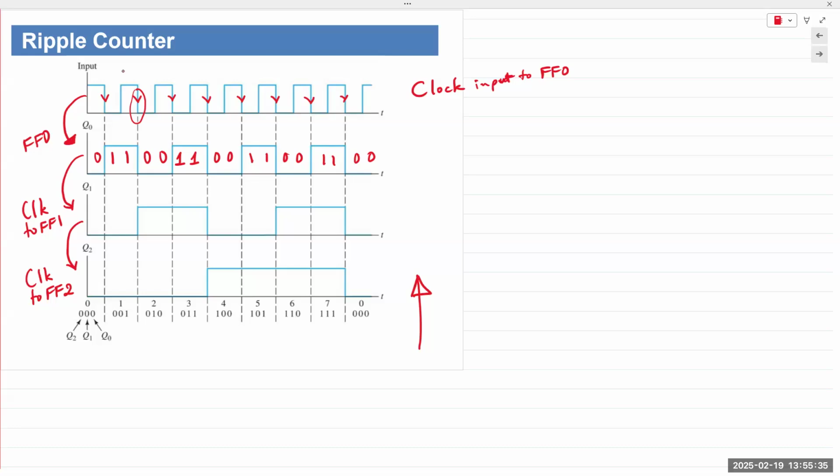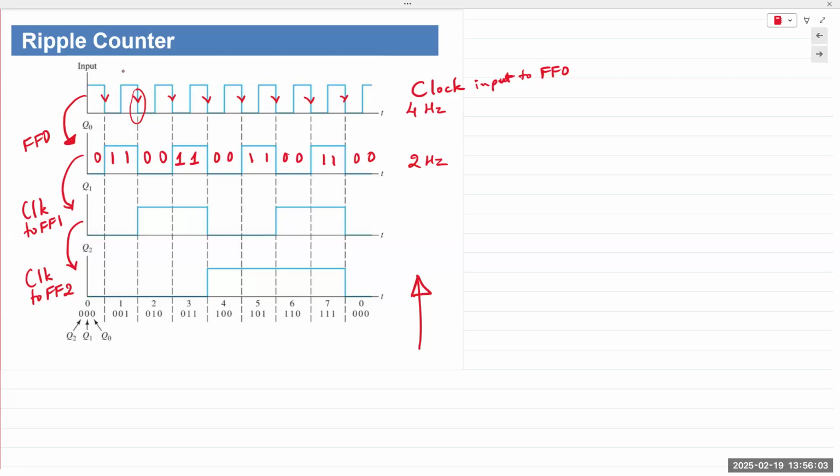So the frequency is now cut in half. If the frequency of the first one is, let's just say, 4 hertz, the frequency of this is 2 hertz. Time interval is doubled, the frequency is half.